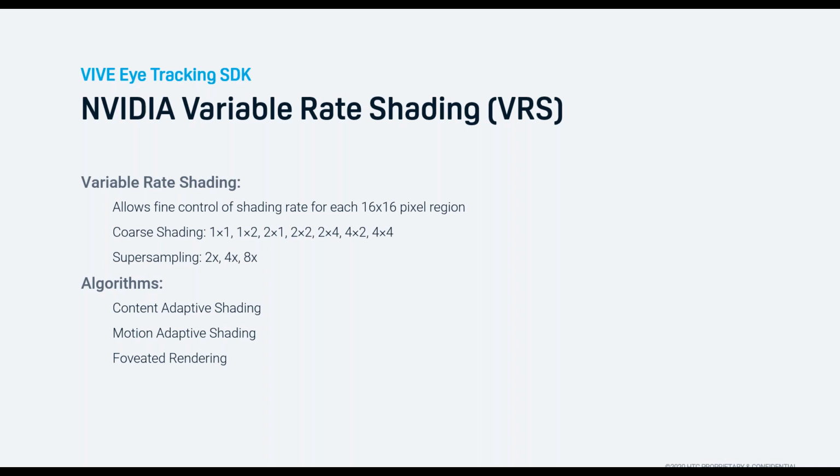Motion adaptive shading, which variably decreases shading rate of moving objects. And finally, the one we're interested in today is foveated rendering, which reduces shading rate in areas away from the viewer's focus in the peripheral region. And if you're interested in more on variable rate shading, I strongly suggest checking out NVIDIA's blog.